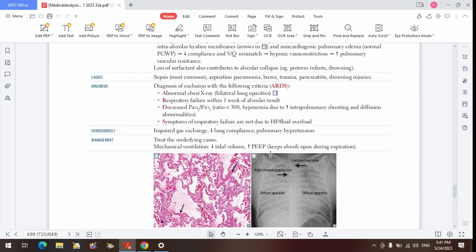We'll get to that when we talk about CPAP. So you deliver a positive pressure at inspiration to help drive air in, and at expiration to drive it out and prevent collapsing.